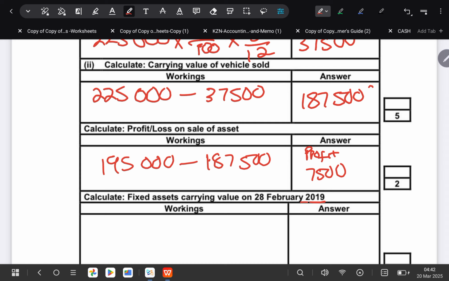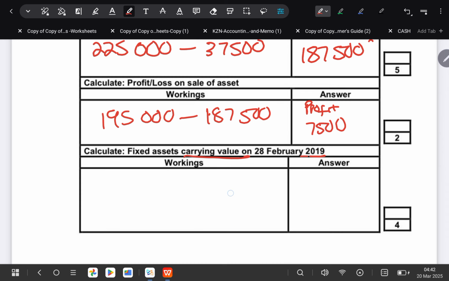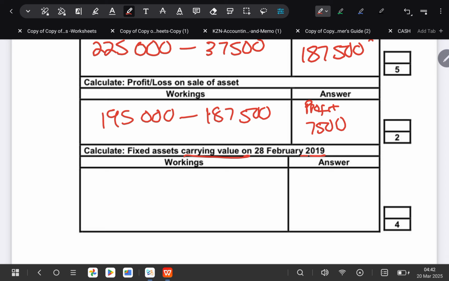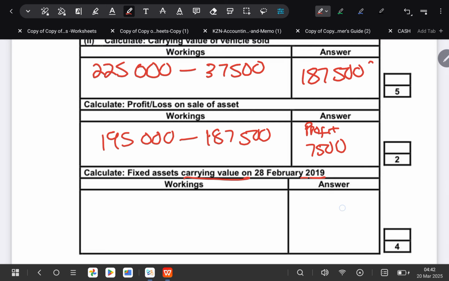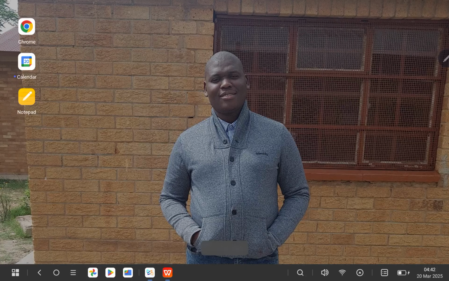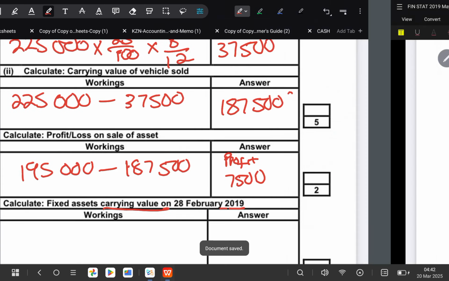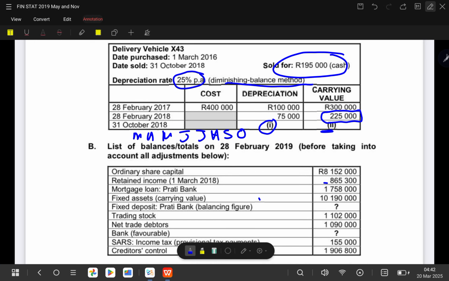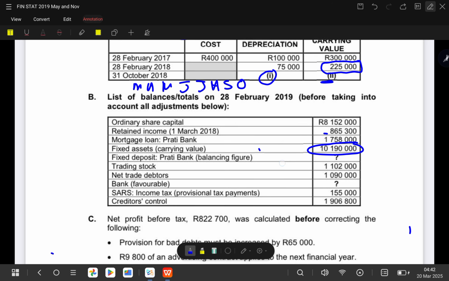Now the next question, they're saying that calculate the fixed assets at carrying value. Now remember, when you were doing your cash flow, you were taught that your disposal and depreciation will decrease your fixed assets at carrying value. So let's check what they have on the trial balance. So according to the trial balance, the fixed assets that they have amounted to 10,190,000.